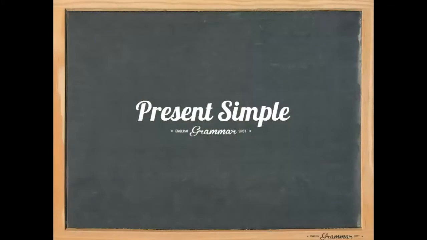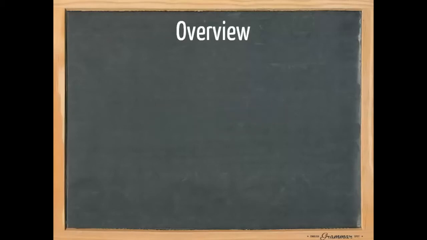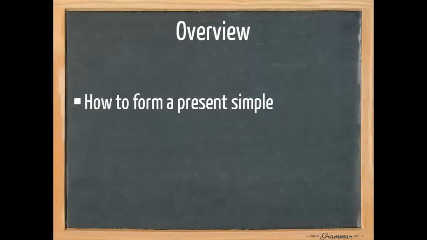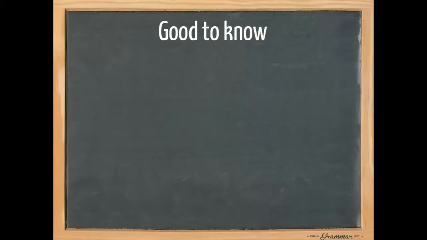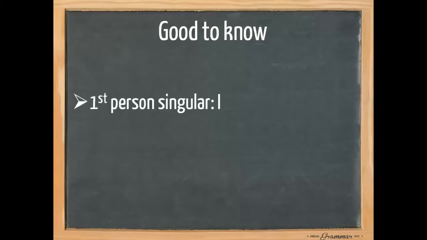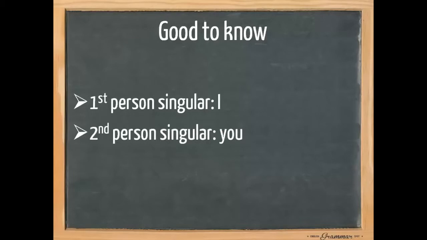Now please, let's watch. Welcome to English Grammar Spot. This lesson is about the present simple. I'm going to show you how to form a present simple and when to use a present simple. But before we get started, it's good to know that when I say first person singular, I mean I. When I say second person singular, I mean you.